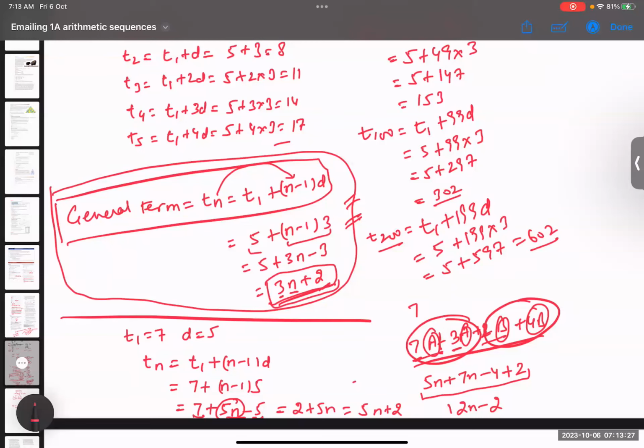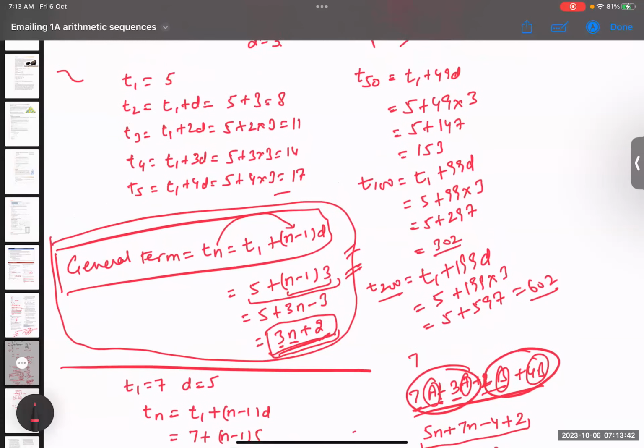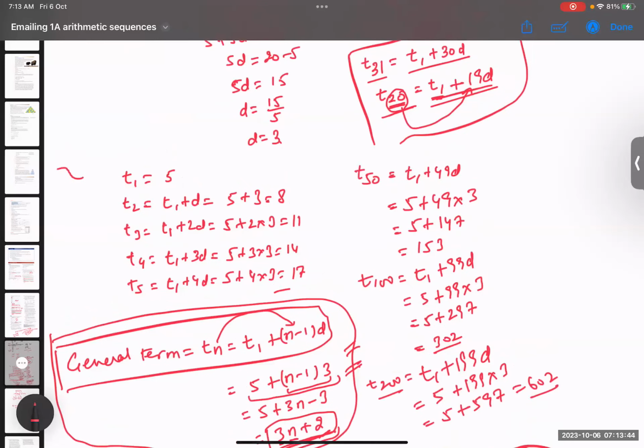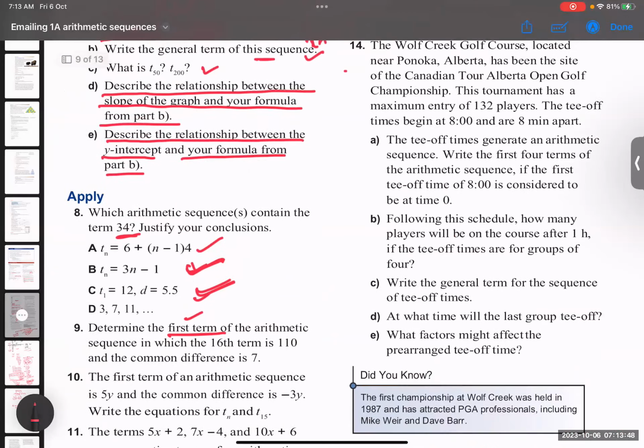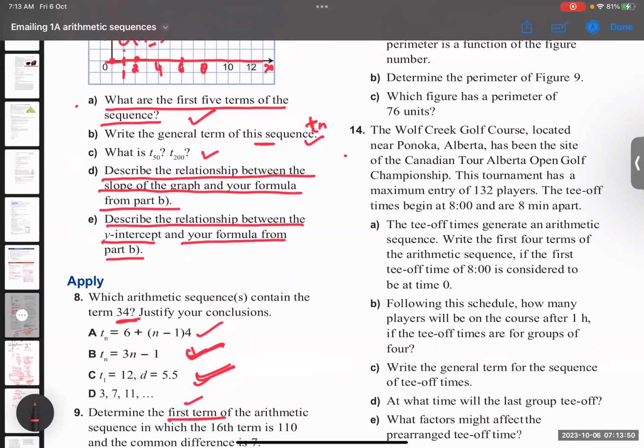Tn is the final term or the general term. But what is the question asking for? Read part E: describe the relationship between the y-intercept and your formula from part B.